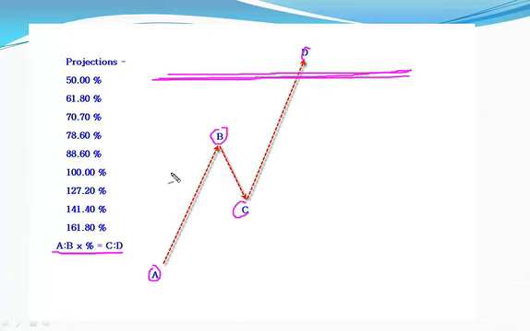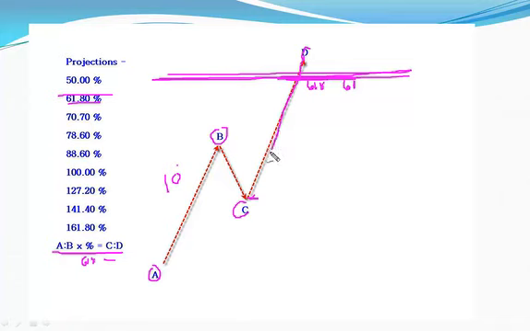In that case, your A to B may be 10 points, and then this may arrive at a 618, or say 6 points from this low to here. So maybe an A to B times 618 equals that CD leg, you see?